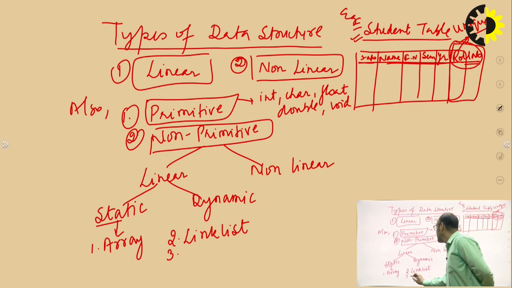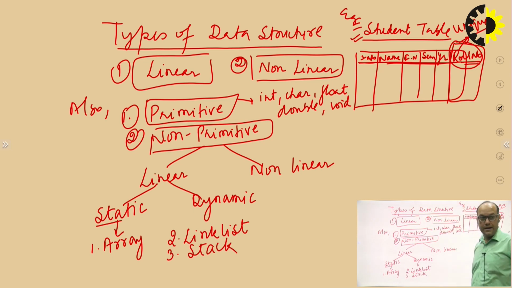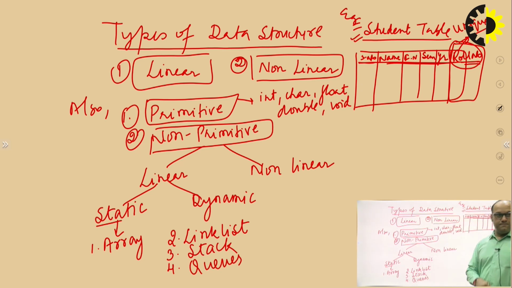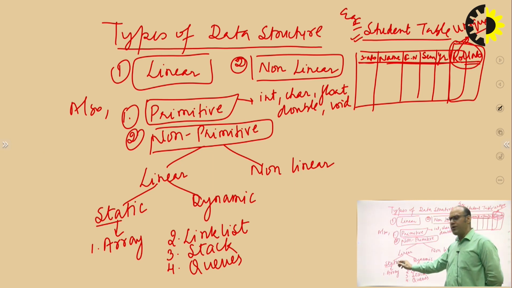Number 3, stack. Number 4, queues. Students, if not required, you need not differentiate static and dynamic.